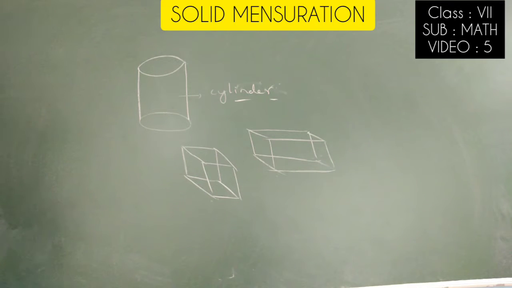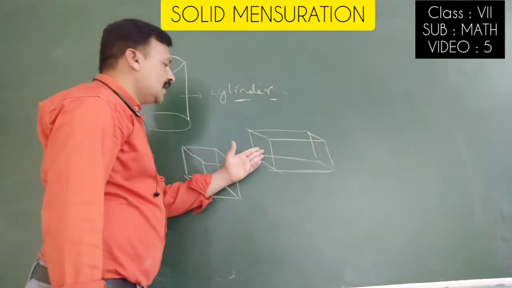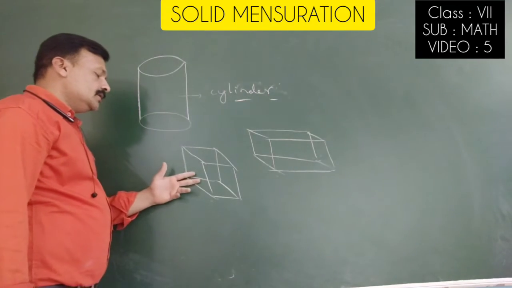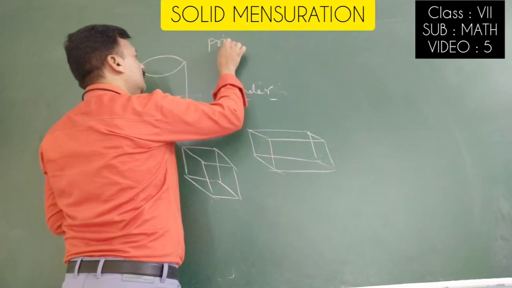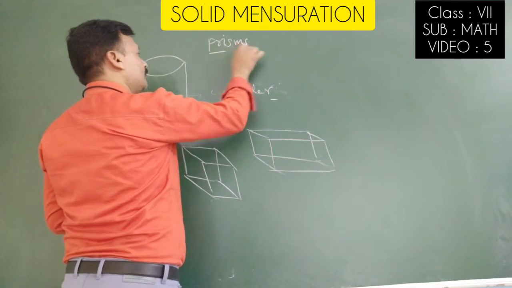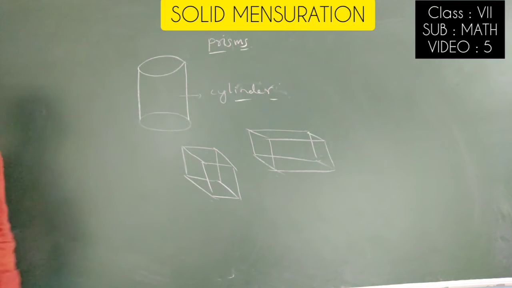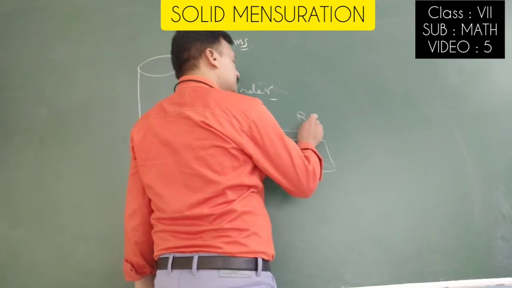The figures cylinder, cuboid and cube all come under the concept of prisms. Cuboid and cube are rectilinear figures.